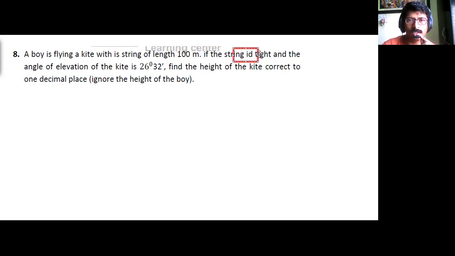If the string is tight and the angle of elevation of the kite is 26 degree and 32 minutes. How do you read this? The angle of elevation, this word is very important again. The angle of elevation of the kite is 26 degree and 32 minutes. Find the height of the kite, correct to one decimal place. Ignore the height of the boy.